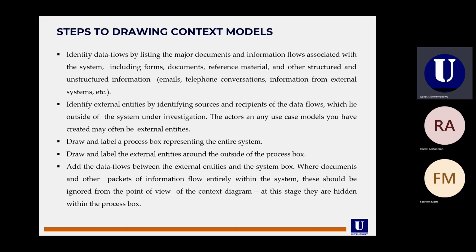This could include documents, forms, reference material, structured and unstructured information. When I say structured and unstructured, I mean things such as email, telephone conversation, information from external systems. So we write down all the information that will be supplied to the system and that the system will be supplying out.